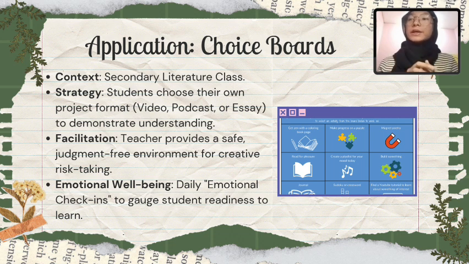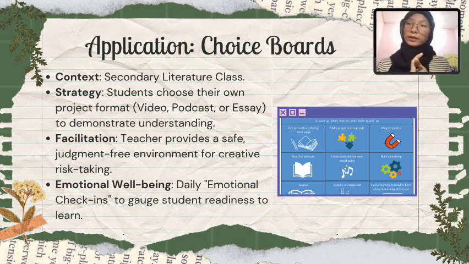So let's imagine a Form 2 English Language Literature lesson where students are studying a short story. Instead of giving everyone a standard written worksheet, the teacher uses a choice board to offer students autonomy. Students can choose how they will demonstrate their understanding.